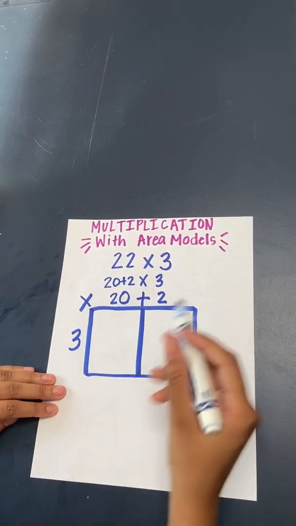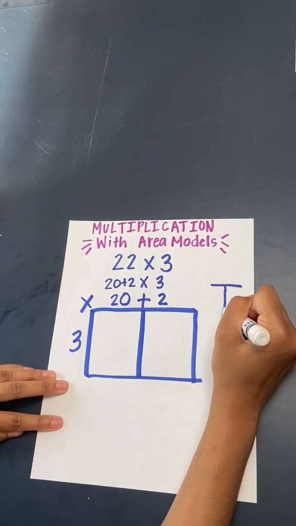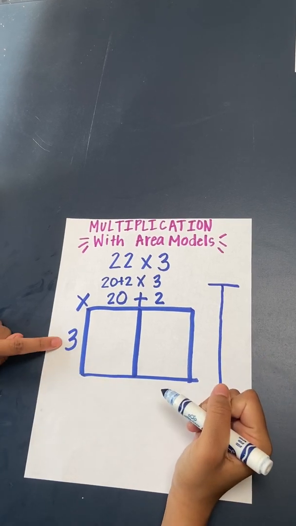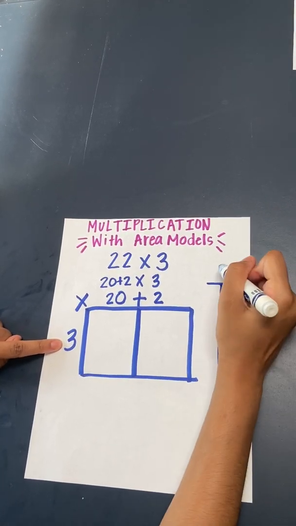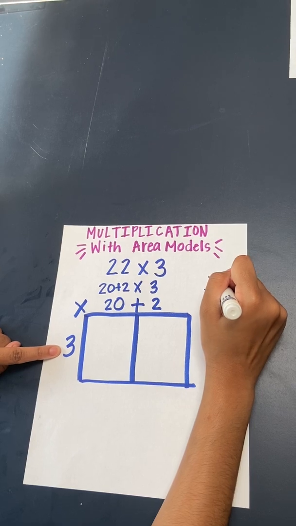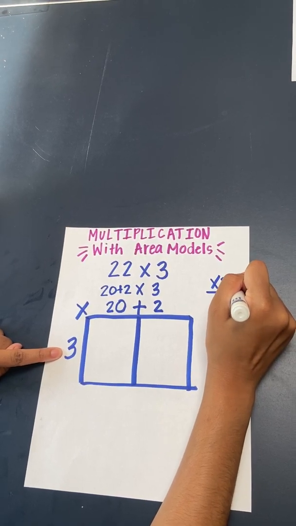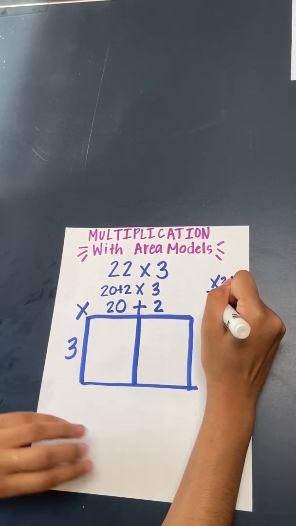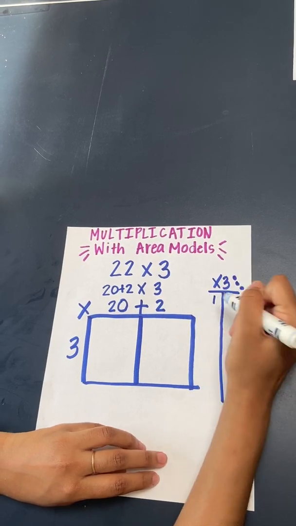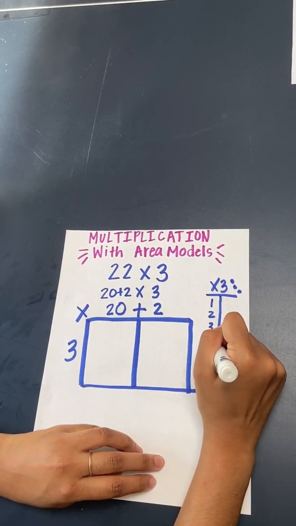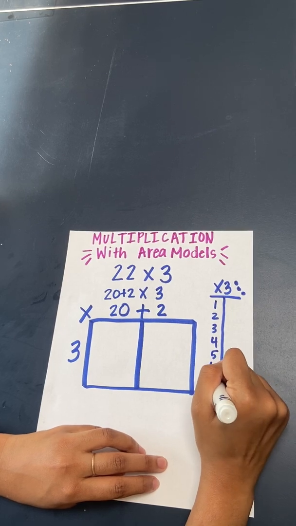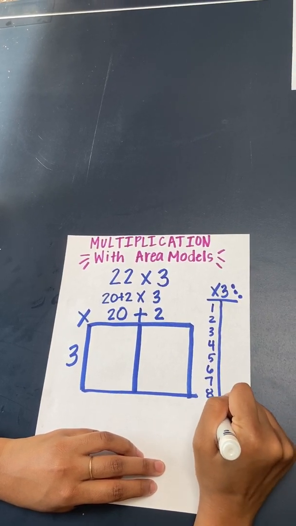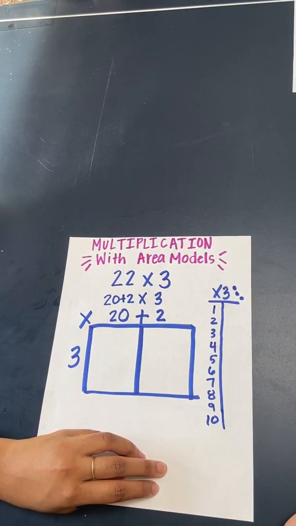So my first step is I need to make my t-chart, and I'm going to make the t-chart for my 3's because that's what I'm multiplying by. So times 3, and I draw my dots, and I'm going to make my t-chart all the way down to 10. 3, 4, 5, 6, 7, 8, 9, 10.